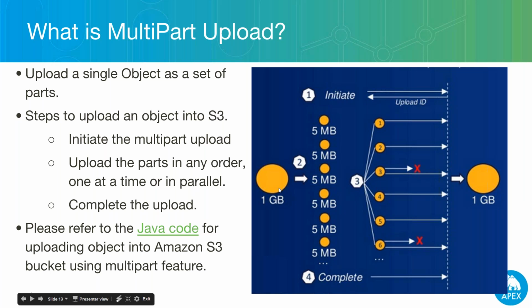Instead of uploading the 1 GB file whole, we break the 1 GB file into parts, upload those parts to S3, and then finally merge those blocks. The advantage of this is, if there is any failure while uploading into S3, we just upload that part. For example, while uploading the third block, if there is any crash, we can upload only the third block.